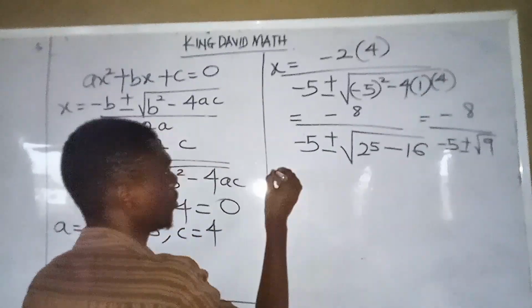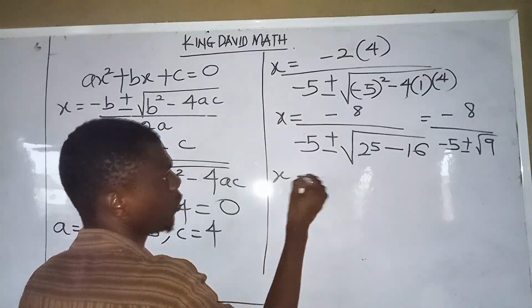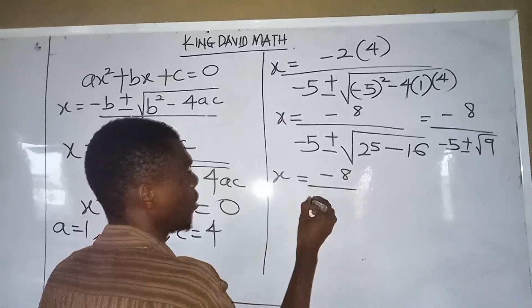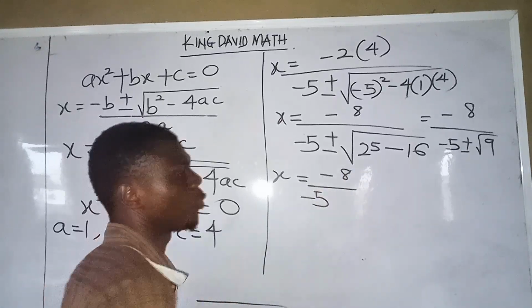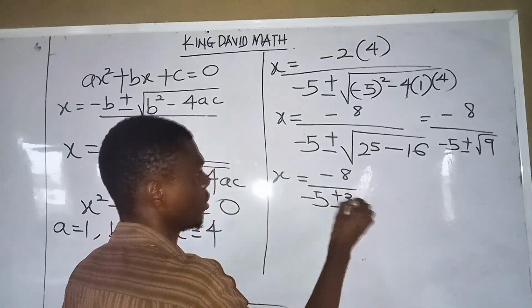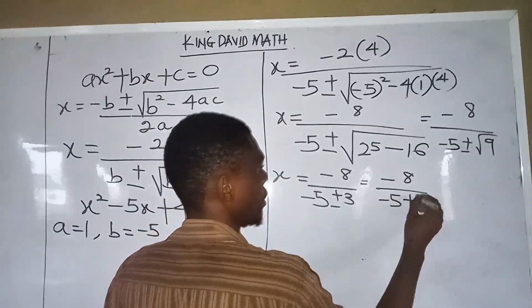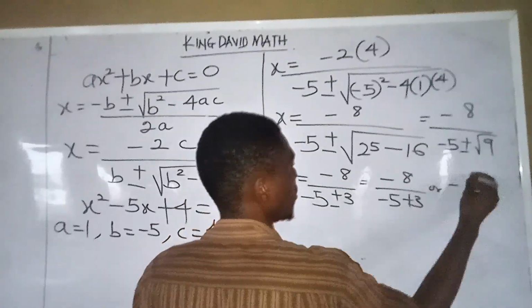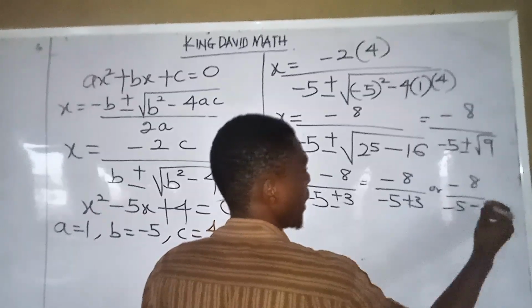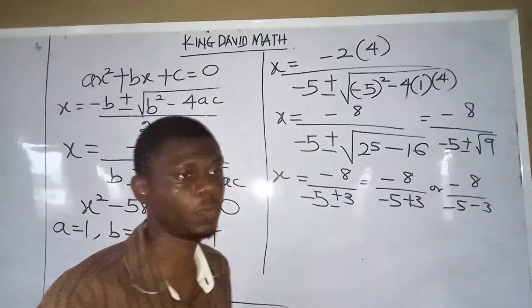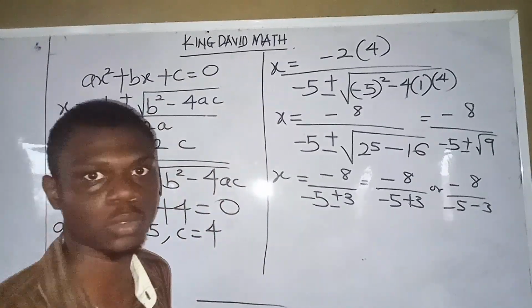Now continue from here. Our x will give us minus 8 over minus 5. Root 9 is 3, so we have plus or minus 3. That will be equal to minus 8 over minus 5 plus 3, or minus 8 over minus 5 minus 3. Surely, for a quadratic equation, you always have two solutions to that.